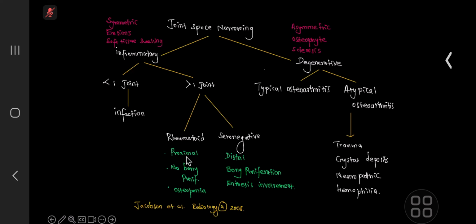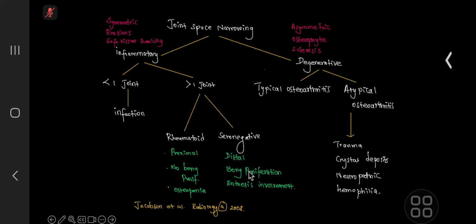In rheumatoid, look at where it is involved. Is it proximal or at the distal part? Usually, the initial stages of rheumatoid will not have any bony proliferations. As the disease progresses, the patient will have bony proliferations. Then the patient will also have osteopenic changes, especially in rheumatoid arthritis. And in seronegative, mostly it involves the distal aspect.